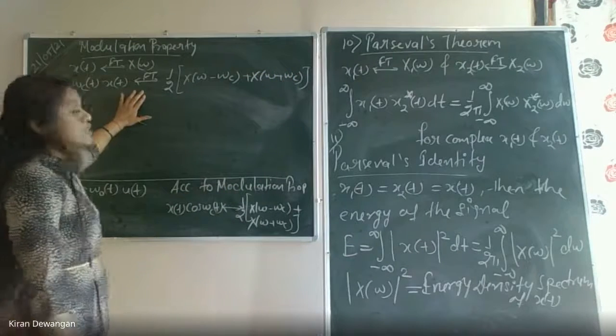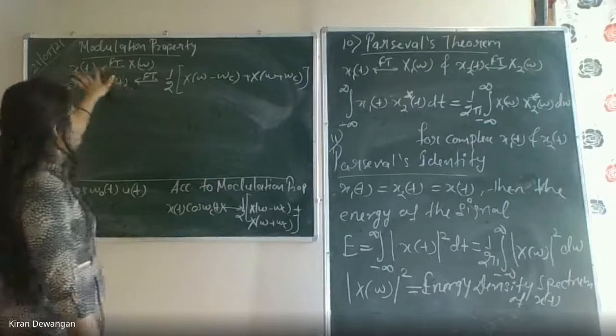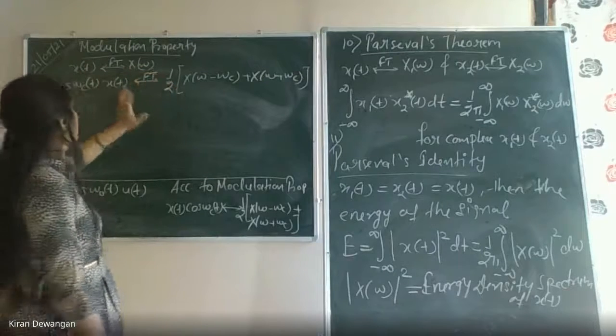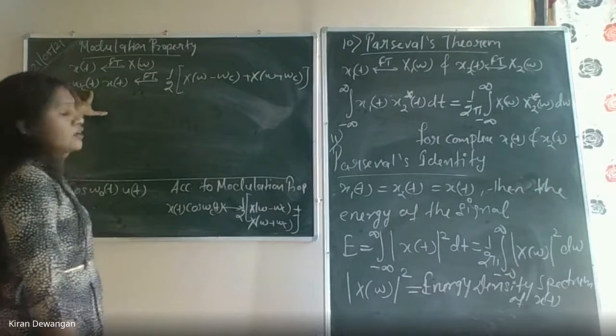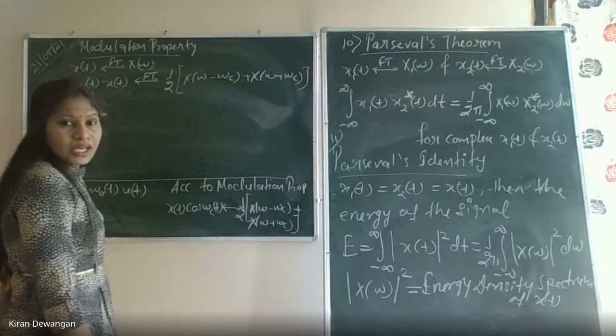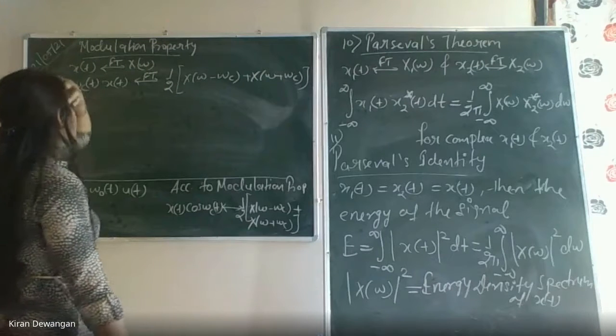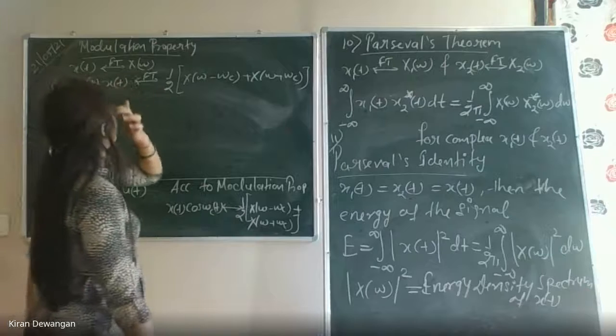This was the modulation property that we know: if x(t) has the Fourier transform X(omega), then if cos(omega_c t) gets multiplied to x(t), the Fourier transform is 1 by 2.